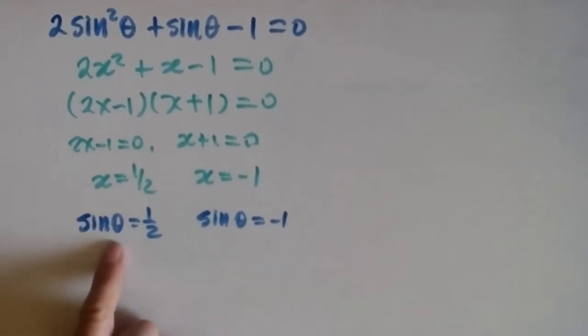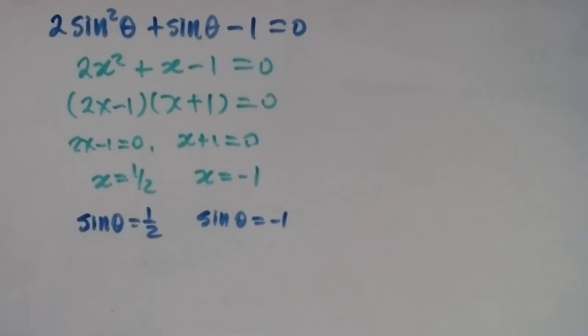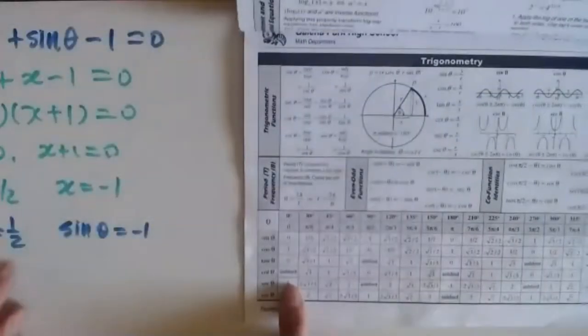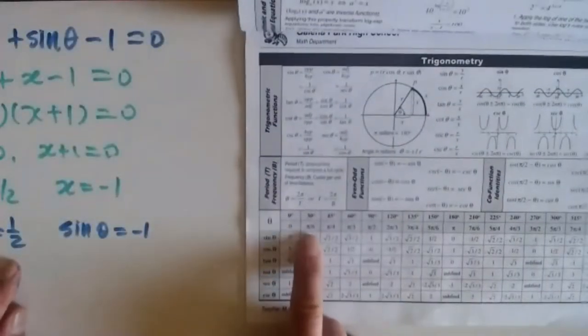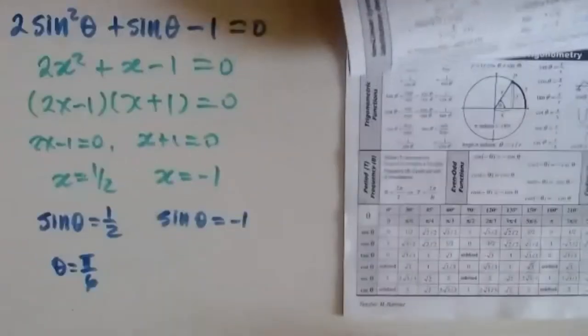Okay. For what values of the angle do you have 1/2? Let's go back to my unit circle table. So sine of the angle equals 1/2 is pi over 6. So I have here theta equals pi over 6, right?